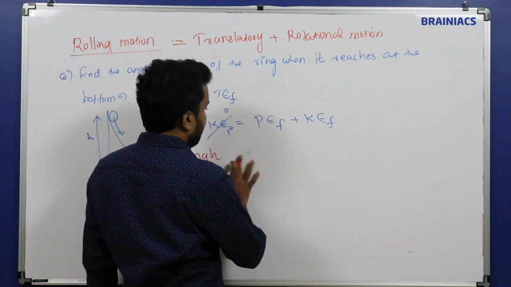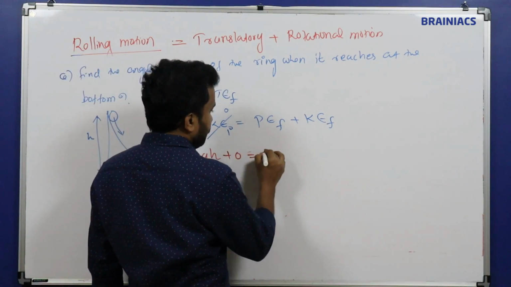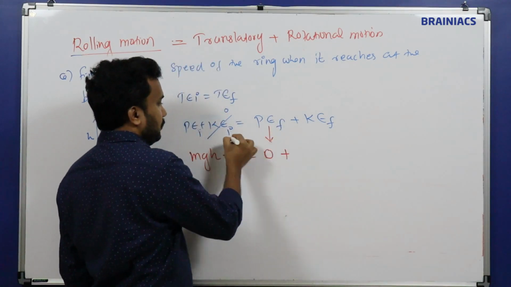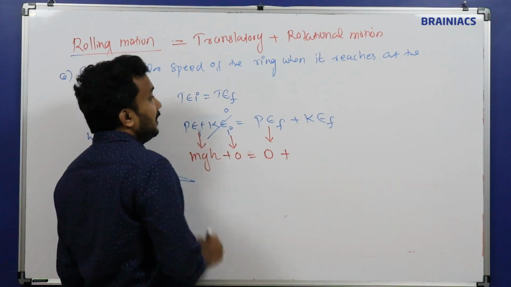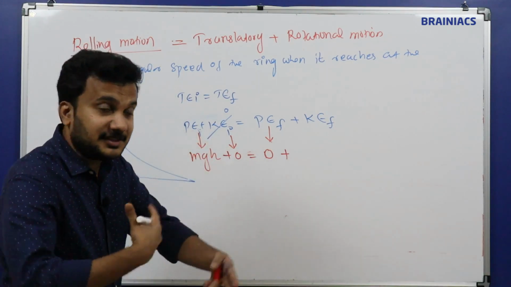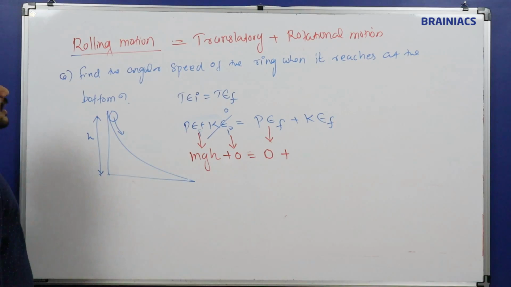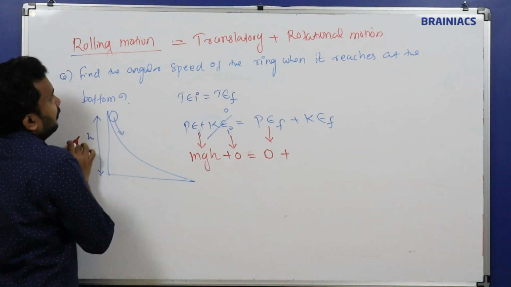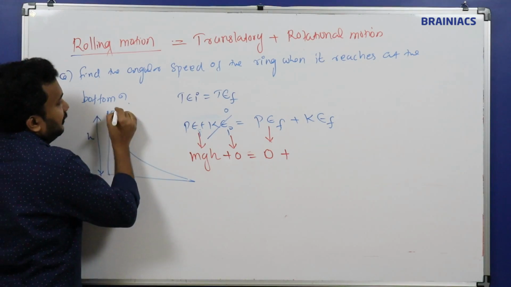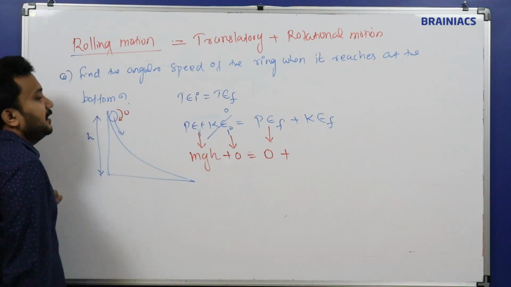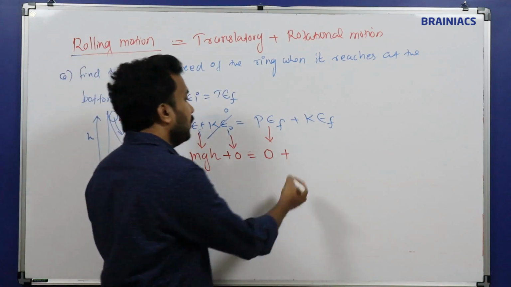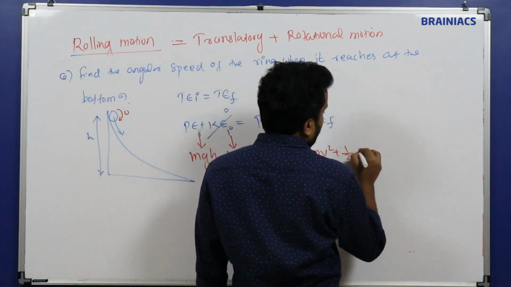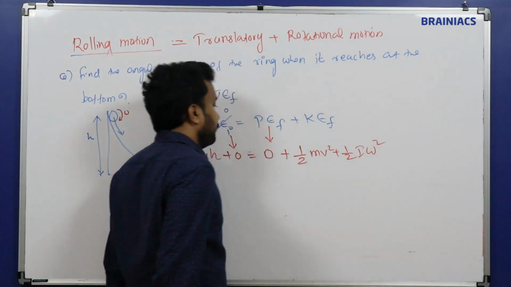Let me make it one more step. Kinetic energy: it's rolling, so this indicates a rolling motion. Half m v square plus half I omega square is the kinetic energy of rotation.